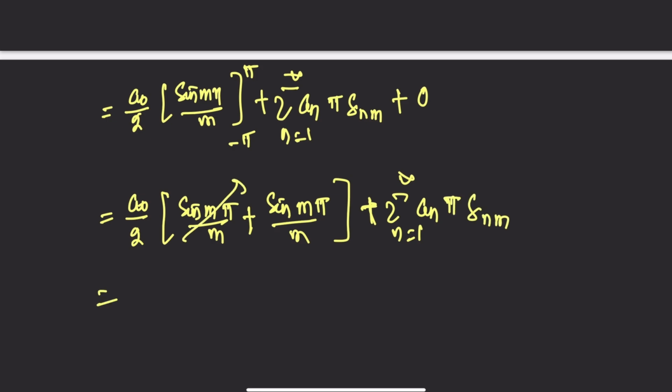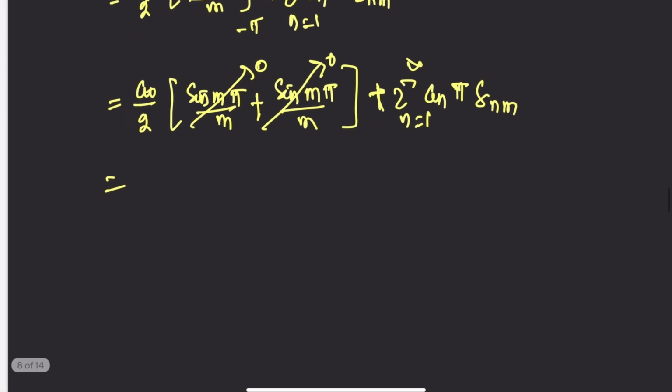Sin m pi is 0, so the first term becomes 0, and the result becomes summation from n equals 1 to infinity an pi times Kronecker delta nm.